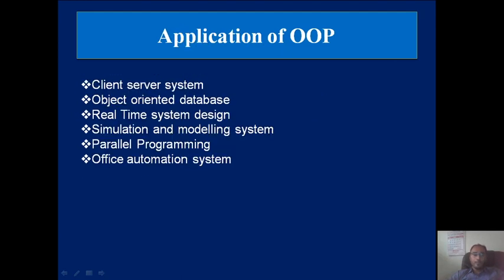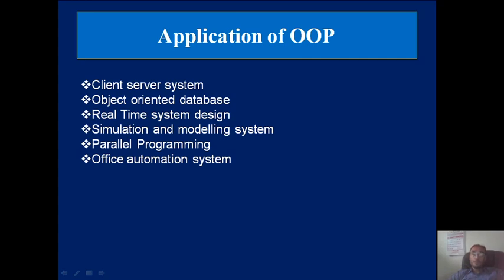Next is the application of object-oriented programming languages. If we want to create a client-server system where the scenario is based on request and response, we can use object-oriented programming. We can develop a program in Java or in C++ which interacts with a client-server system.